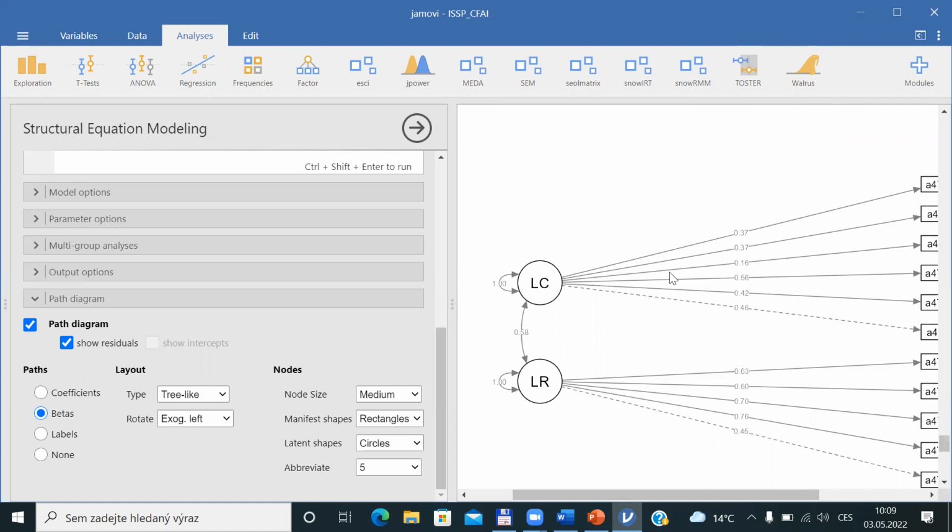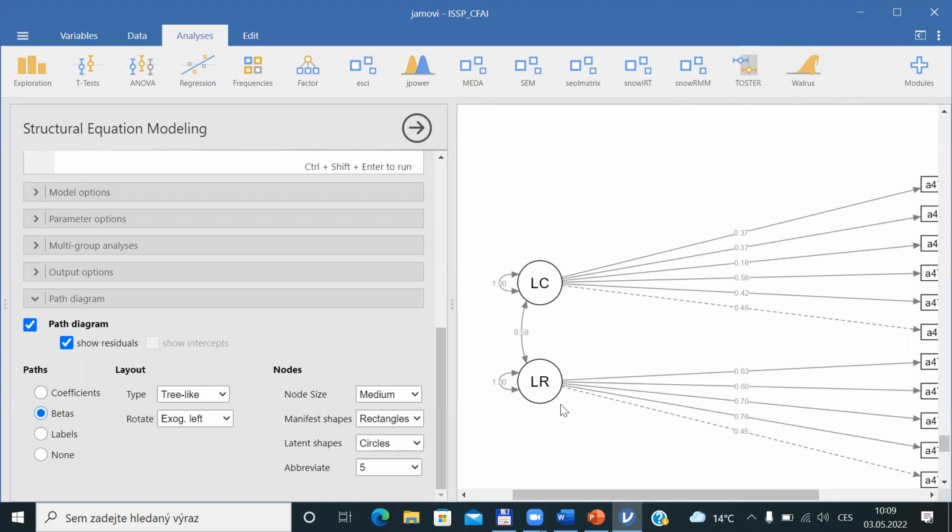So maybe I can ask whether I can apply the same model for Czech males and Czech females, for younger and older people, etc. Currently, we are only evaluating whether this model measures in the overall population, but maybe we would like to distinguish individual groups and say whether these measurements are the same for the groups or not.